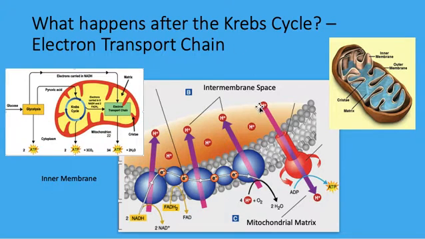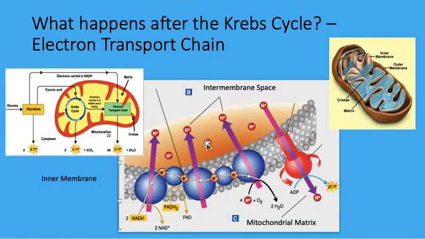Then the ions move through ATP synthase, which we saw in photosynthesis, and take ADP and make ATP for the cell. We also use oxygen as our final electron acceptor, and we give off water. This is the part where we give off water in cellular respiration.